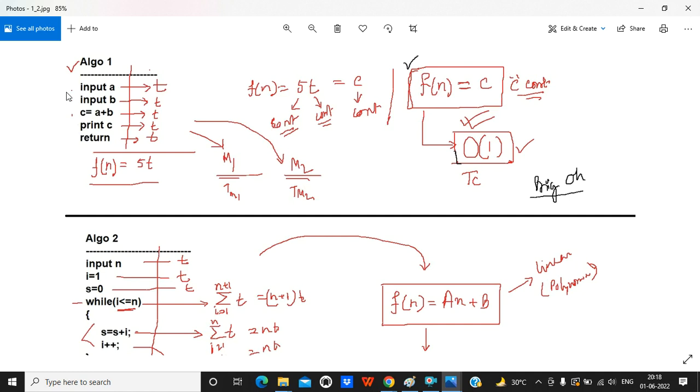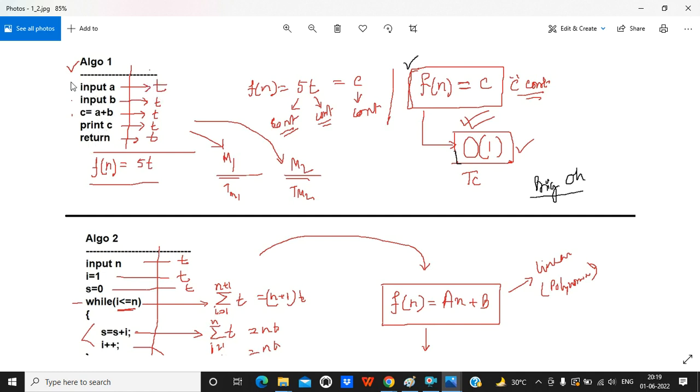So every function or algorithm can be represented mathematically by a function on the size of the input. The size of the input is represented here by n. So this is basically a constant function because we have taken into consideration that all the instructions will be taking t time.